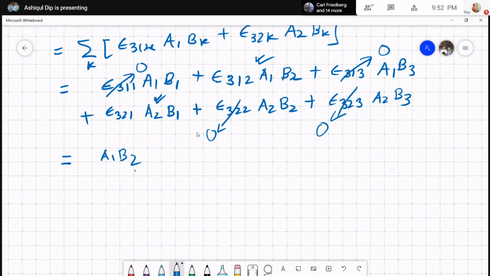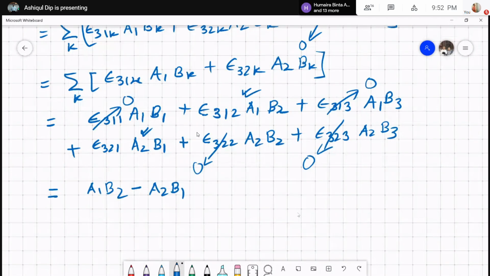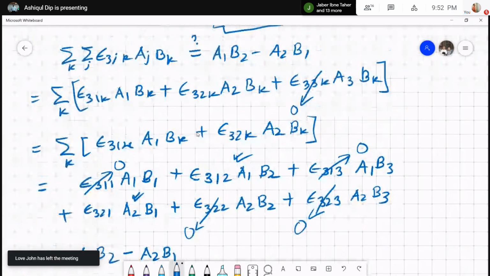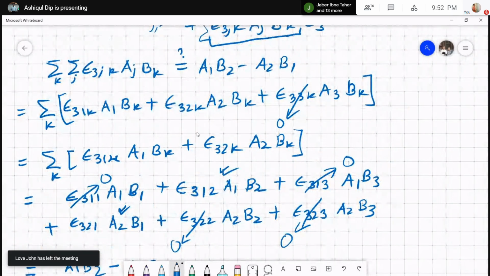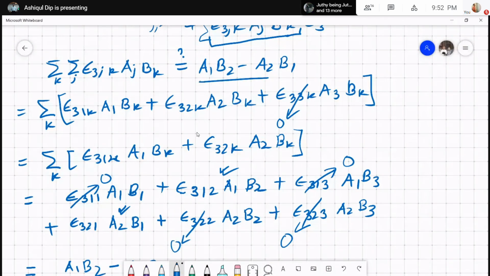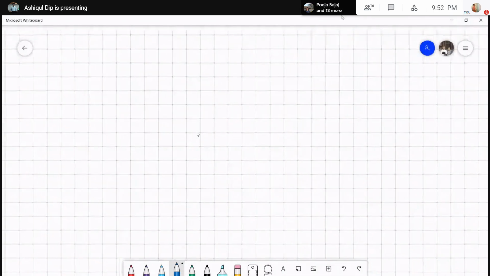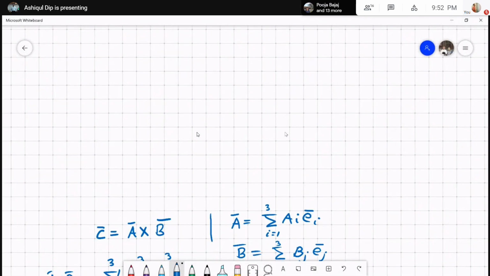It's an odd permutation. It gives you minus 1. So minus a2 b1. So is this the thing we have been seeking? Yeah, a1 b2 minus a2 b1. So we have successfully convinced ourselves that the definition I gave at the beginning is the same definition we knew from childhood, right?